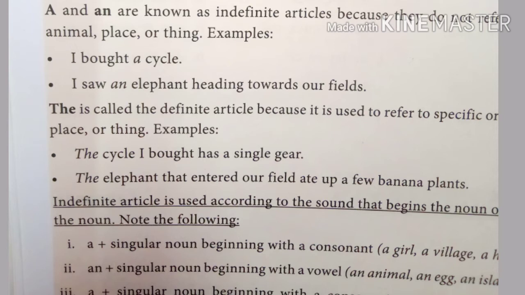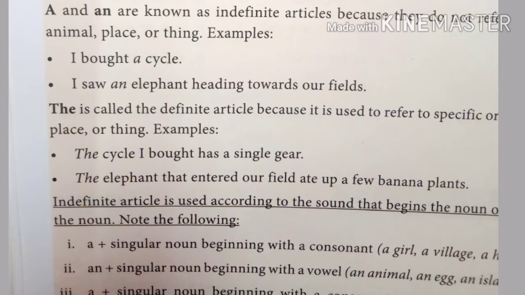The elephant that entered our field ate up a few banana plants. So that particular elephant that entered our field ate up a few banana plants. So we are giving some speciality to the elephant, so I have used the here. So it is called the definite article.